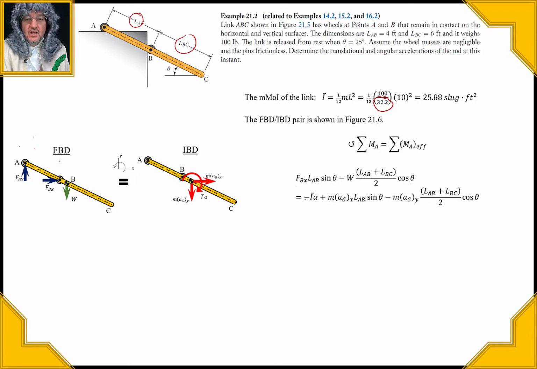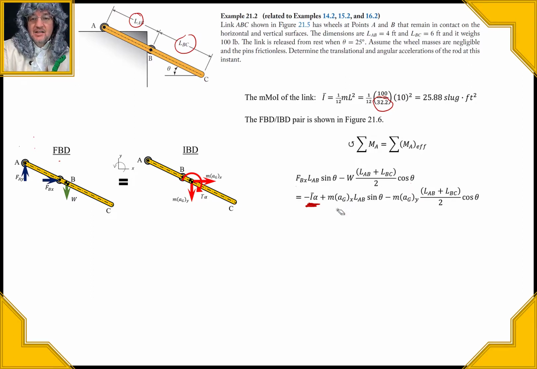potential mistakes. All right. And then on the right-hand side, we have the spinning of this thing, and that spinning is going to be clockwise. And we're also going to have this mass times acceleration, mg, taking place.